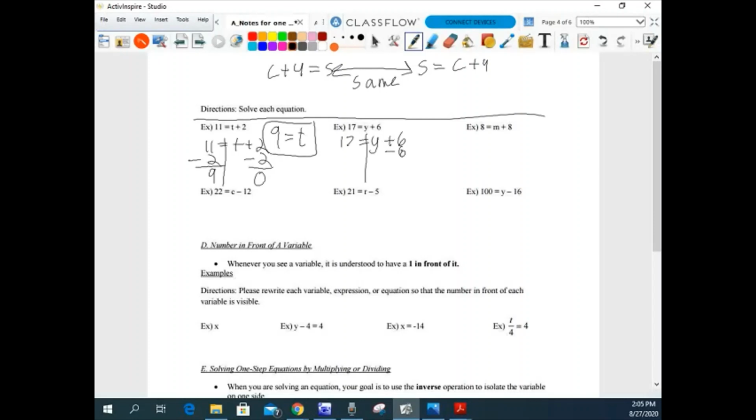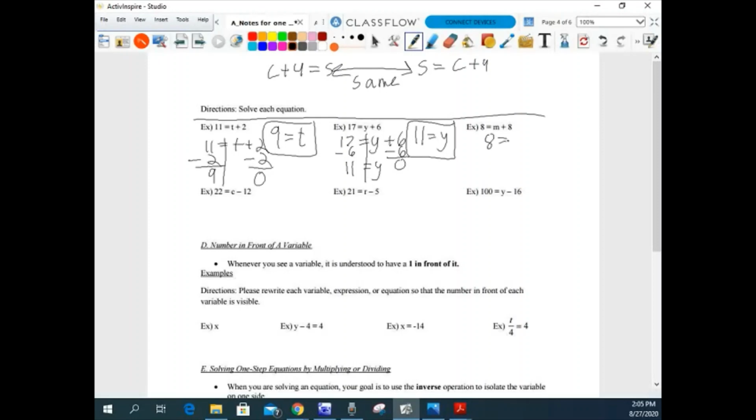What I do to one side, I have to do to the other. 6 minus 6 is 0. 17 minus 6 is 11. Keep writing your equal sign, y. You can do this as you move along in your steps as well. So that will give me y equals 11. If that makes you feel more comfortable when you write the equal sign every single step, I would recommend doing it.